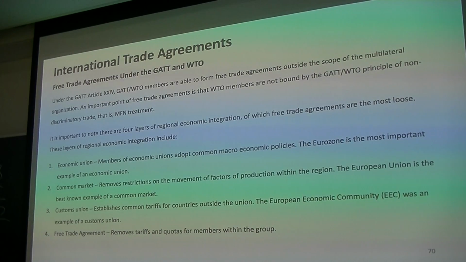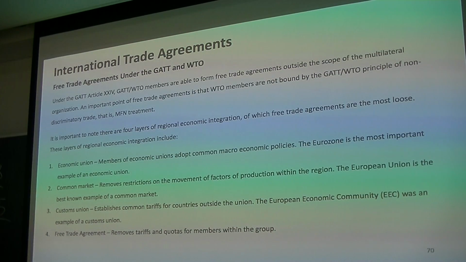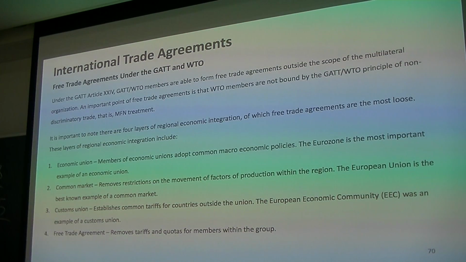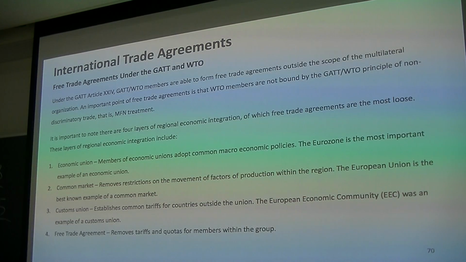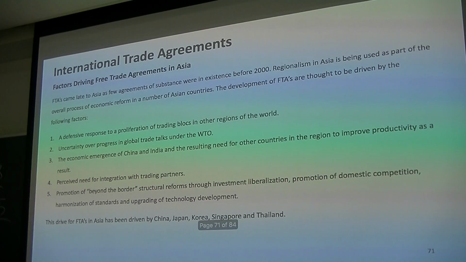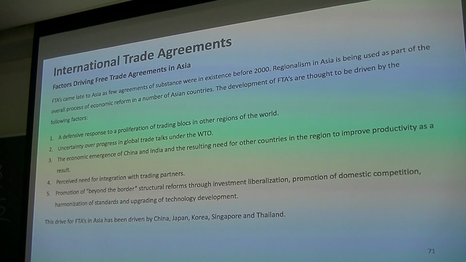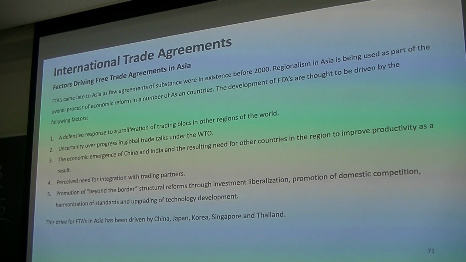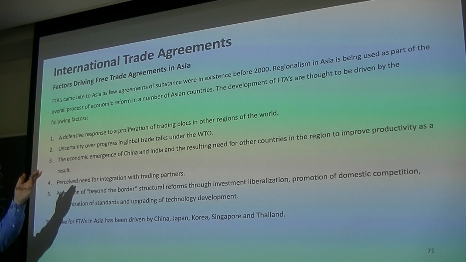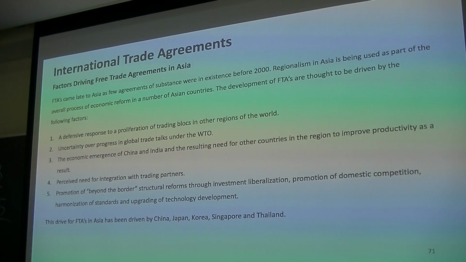So we're seeing forces that are leading the other way, toward separation and not increasing integration. Now I haven't talked much about Asia in terms of that, and that's because free trade agreements came much later to Asia.